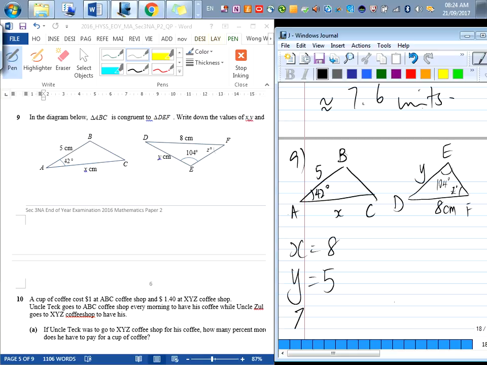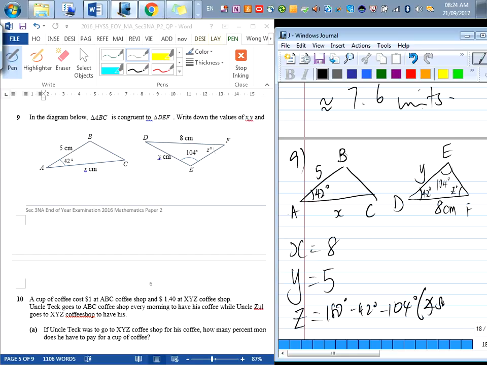Now Z. How much is Z? Z is over here. How to find? We are supposed to use the angle sum of triangle. So over here, what is this angle? 42 degrees. Then I can find Z already. This is 180 degrees minus 42 degrees minus 104 degrees.